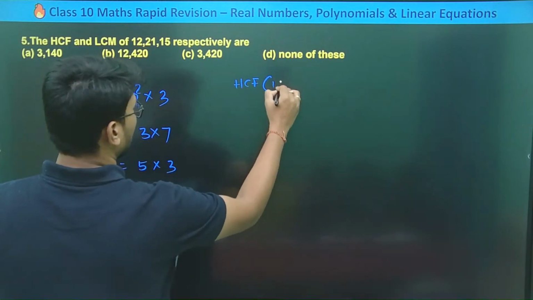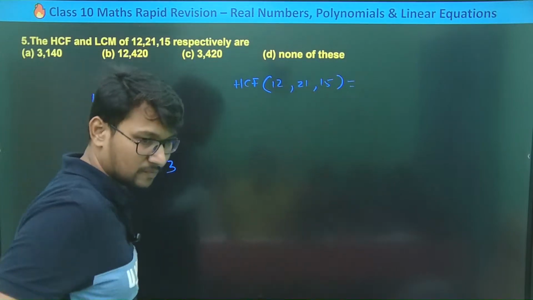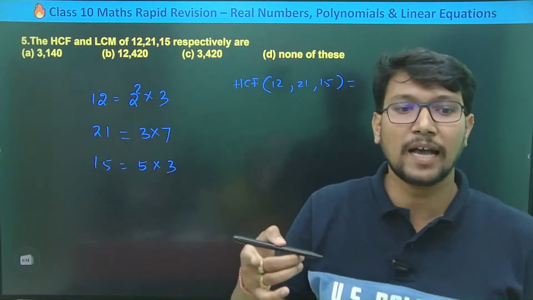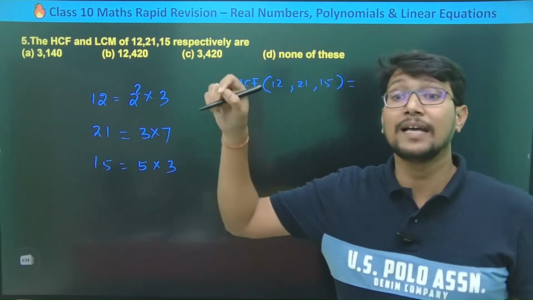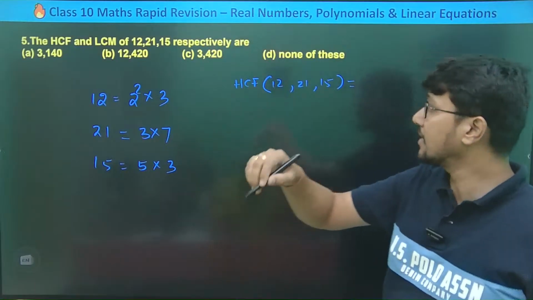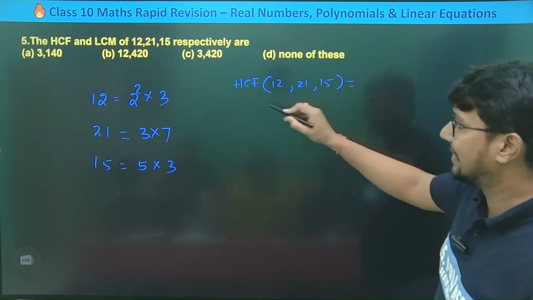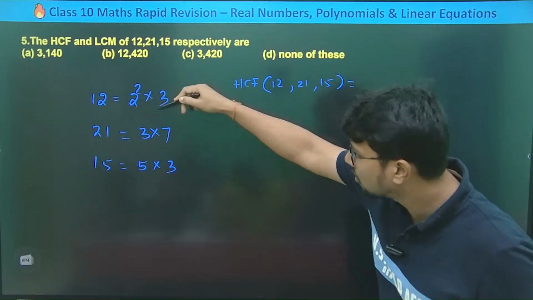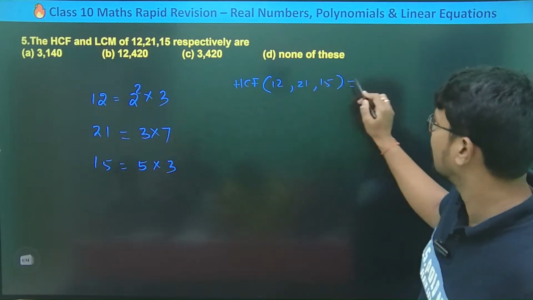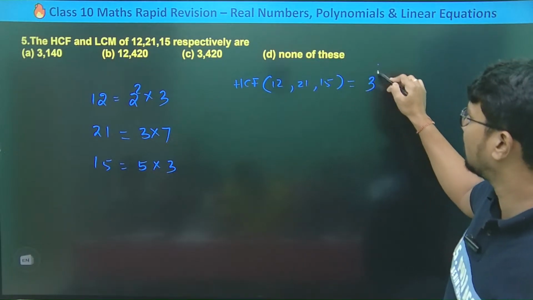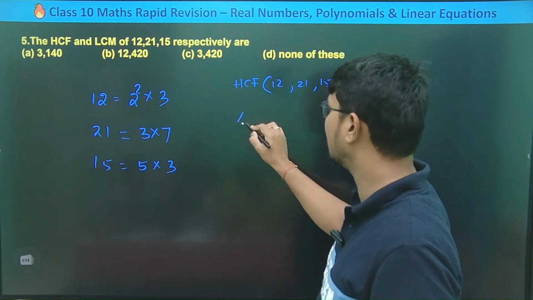Now the HCF of 12, 21, 15. What is HCF? Product of common primes having the least power. Tell me, which common prime first? Is 2 common? No. 3, yes. So 3 to the power 1. What about LCM? Is this color visible?